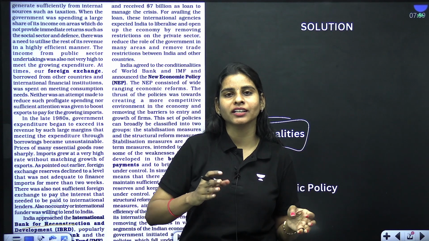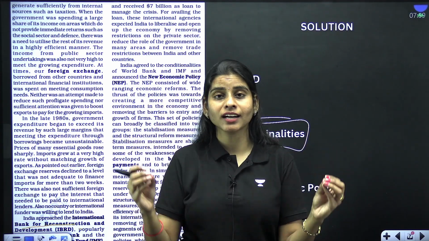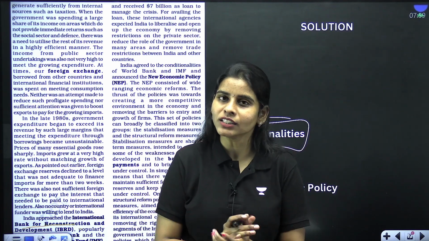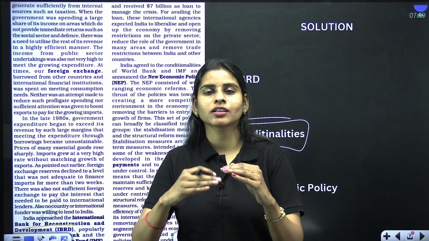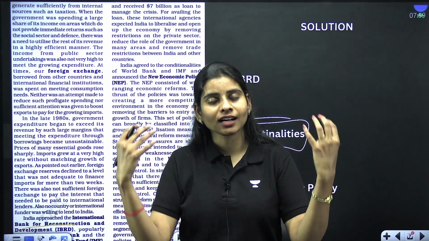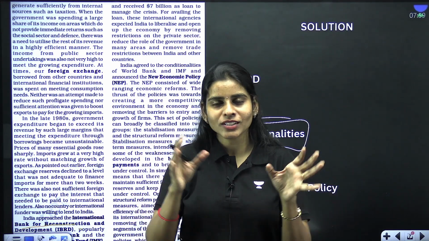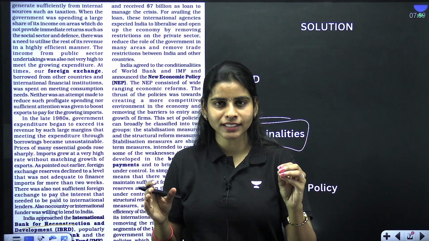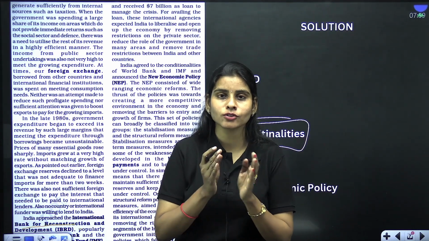It really wants India to go through a whole range of economic reforms in terms of liberalization and privatization, that is, removing the control of the government, allowing the private sector to participate freely, attract investments, and do all sorts of things, and please don't come back again. So these were some of the conditions levied by the IMF at that time, and then India was able to get the loan and solve the crisis.